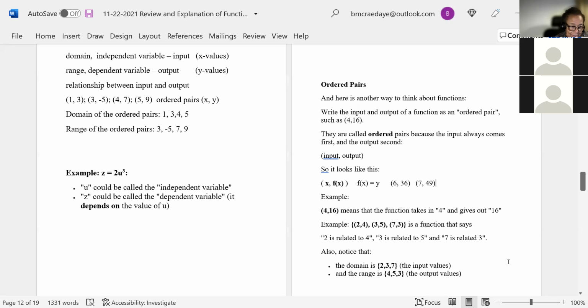The x values represent the domain, the first value in the ordered pairs, and the second value is the range or the output values. They're called ordered pairs because they're always in the same order. You never have y, x. It's always x, y.